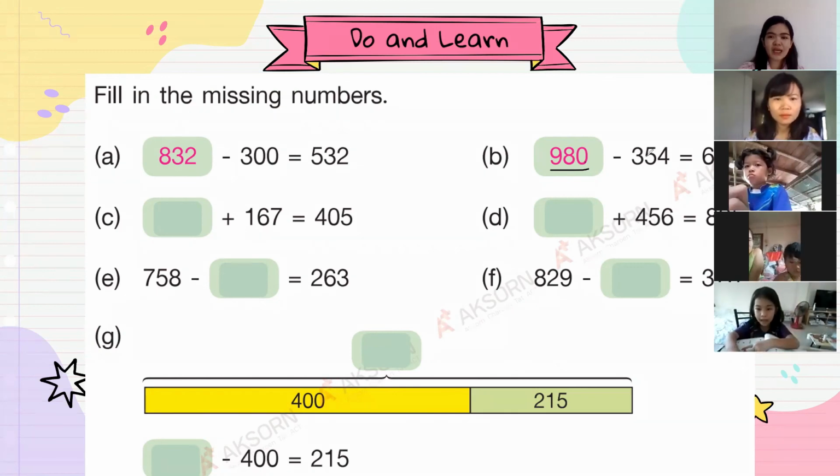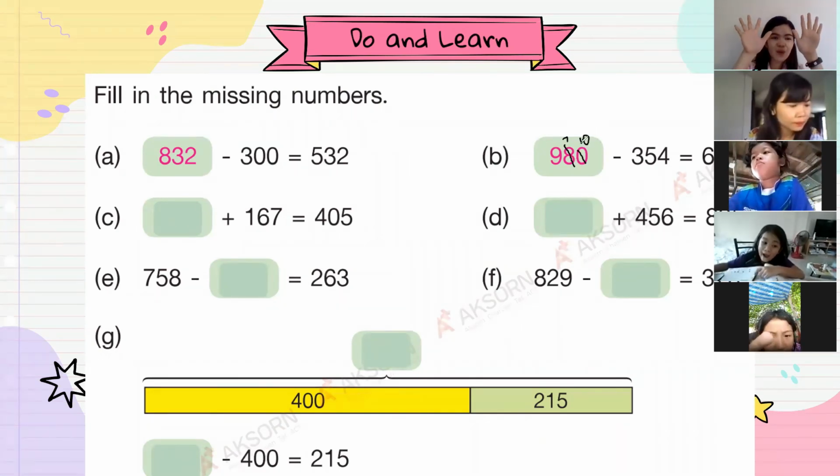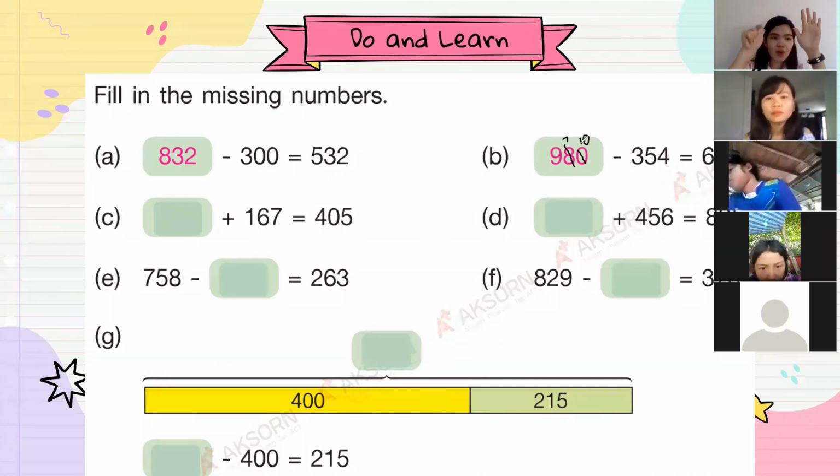So 0 minus 4, you cannot minus 0 to 4, right? Because 4 is bigger. So you're going to borrow, and then this will be 7. And then 0 will become 10. So 10 minus 4 is 6, right? So it is 6.